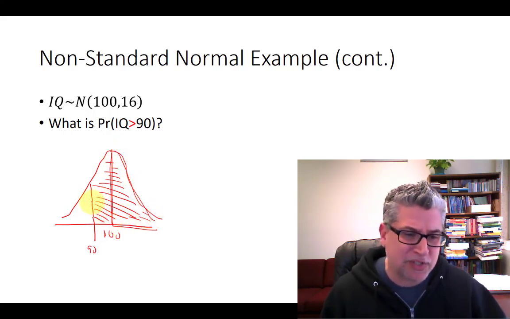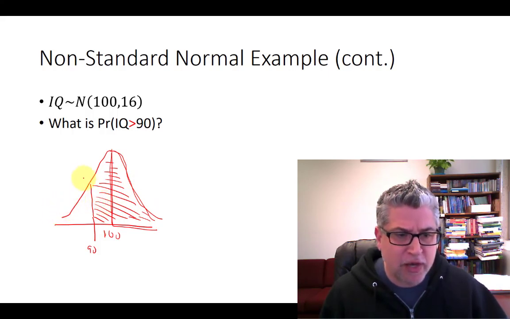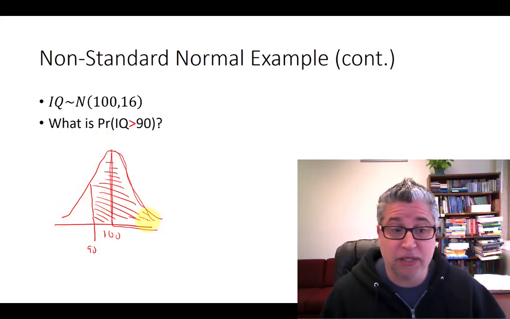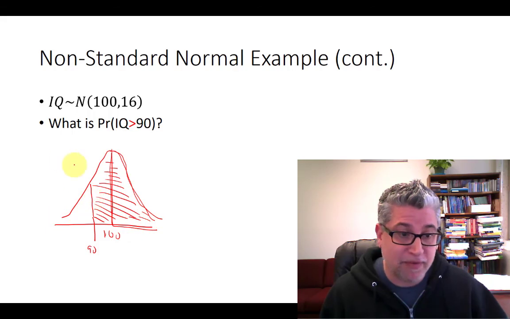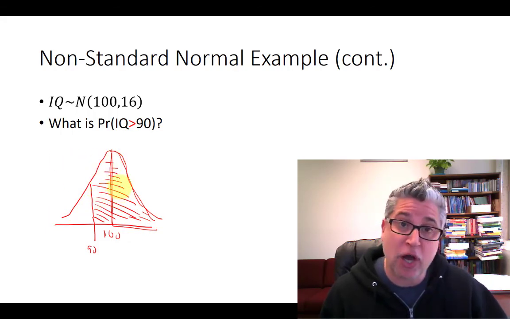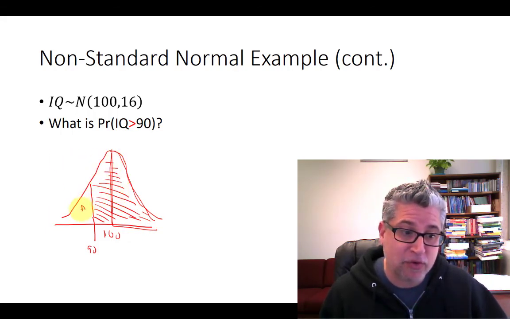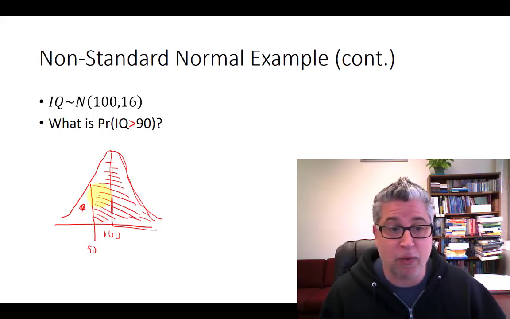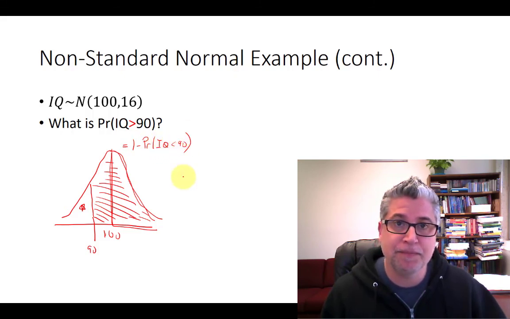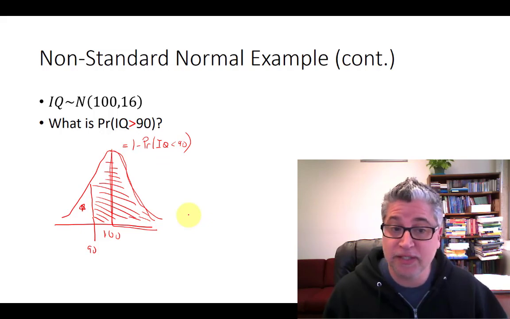Now how do I do this greater than? Well, the area underneath the curve has got to be 100%. So if I take 100% and then I subtract off the shaded area, I'm left with this part right here, the part that I want. So again, the rule of complements, 1 minus the probability that IQ is less than 90. And that's all we need to do in Excel.